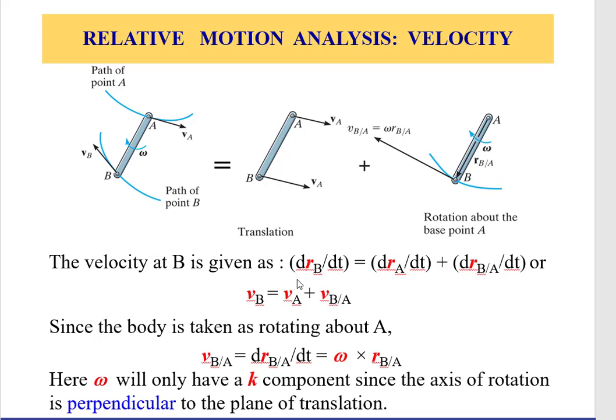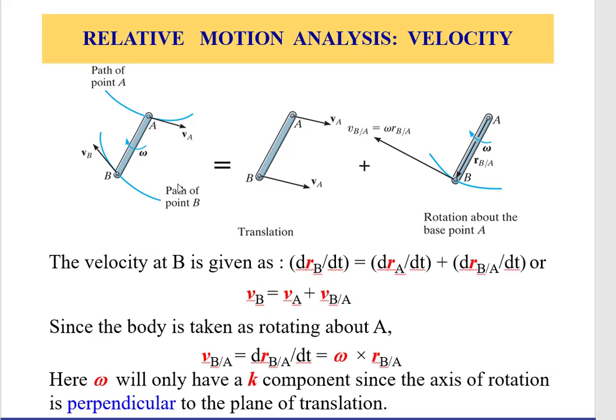So once you take the derivative of that equation, you'll end up with the velocity of the base point B equal to the velocity of point A plus the relative velocity of point B relative to A. Now we said that the velocity of A is simple translation and the velocity of B is the general motion, which is due to translation and rotation.